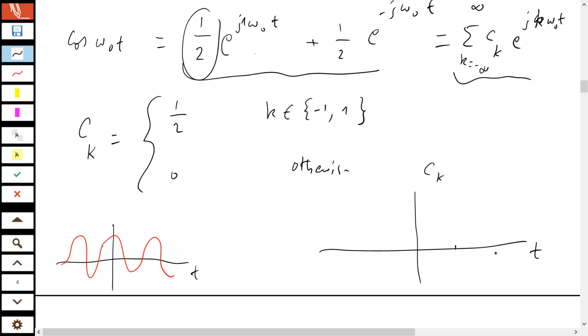Sorry, this will be K. What do you get here? When K is 1, the value is half. When K is minus 1, the value is again half. Elsewhere it is again zero.